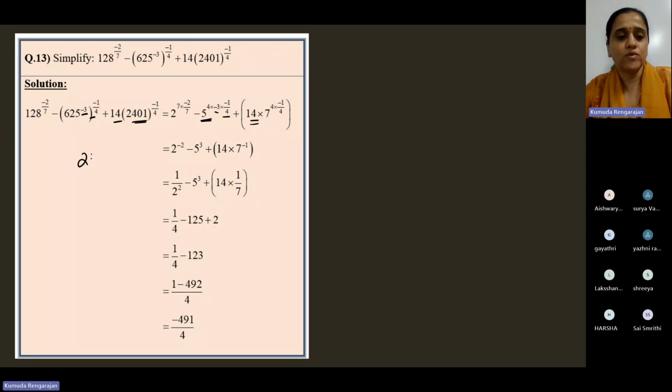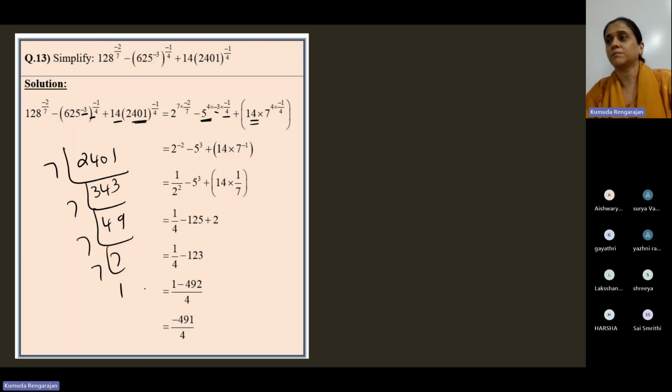2401 is 7 to the power 4, since 7 cubed is 343, and 7 times 343 is 2401.